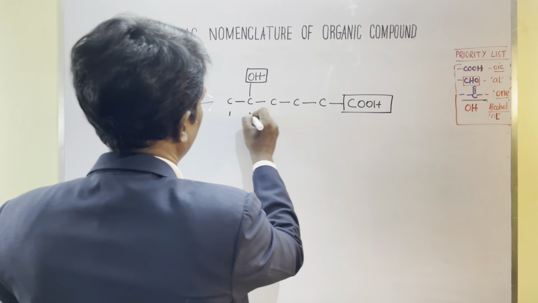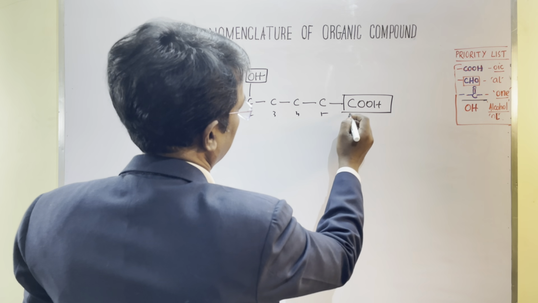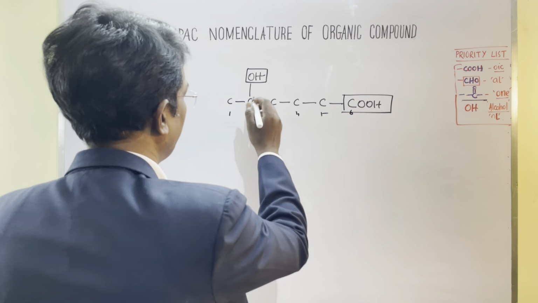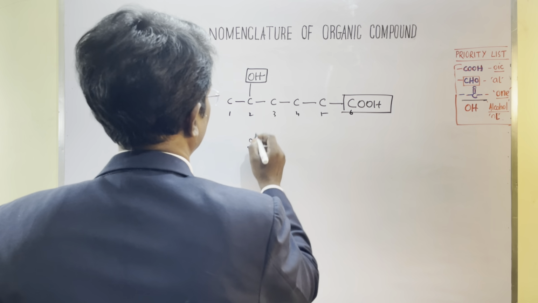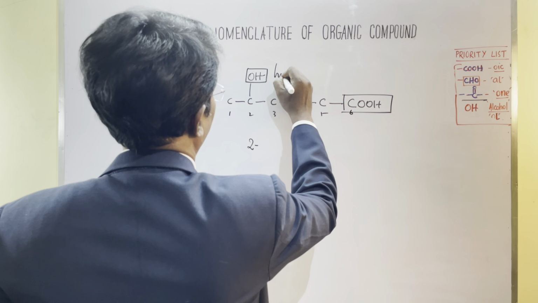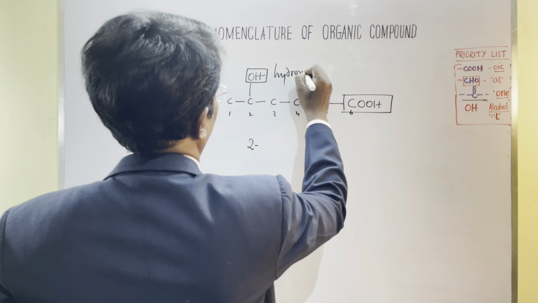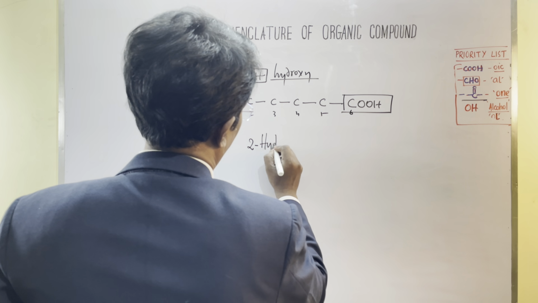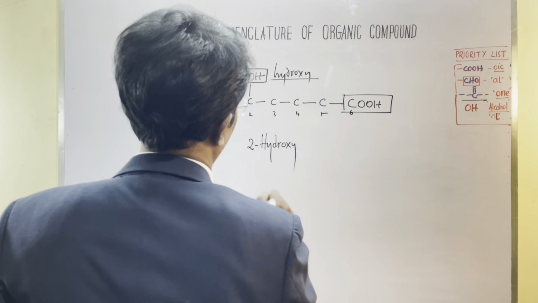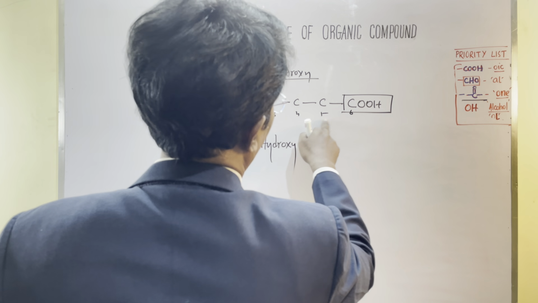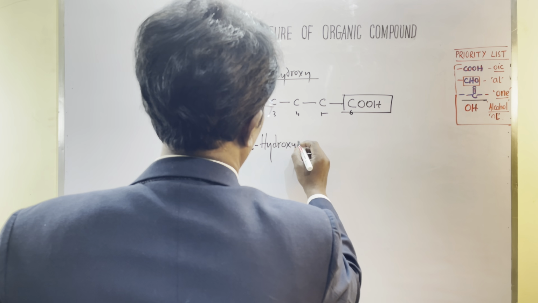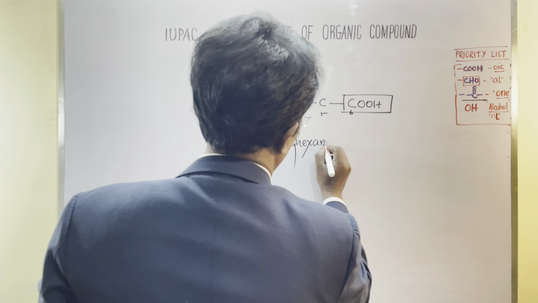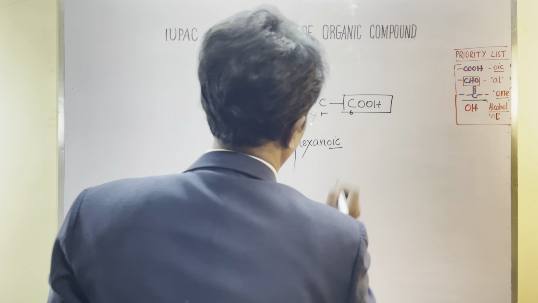So 1, 2, 3, 4, 5, 6, suppose. So it will be 2. Now this will be called hydroxy, not alcohol. So 2-hydroxy, 1, 2, 3, 4, 5, 6. This 6 stands for hexanoic; I have to add OIC.